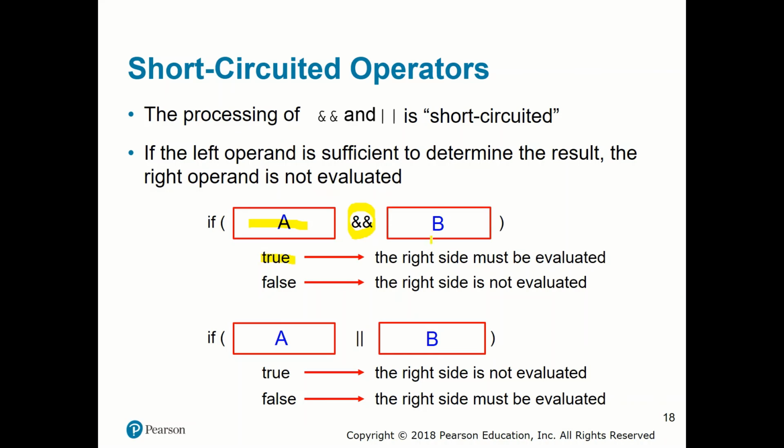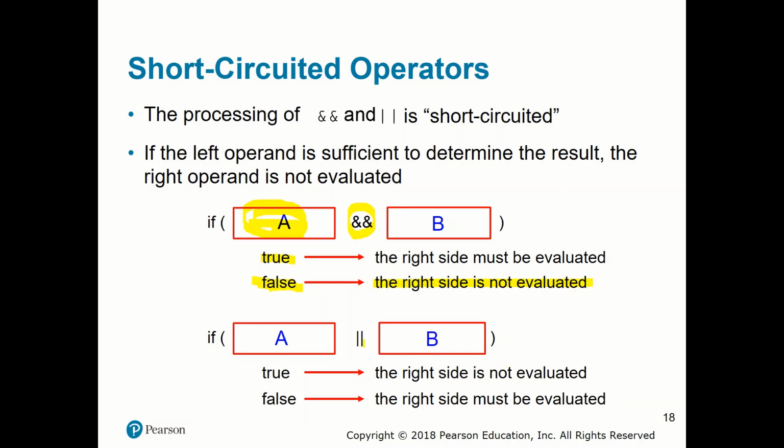If this is true, then the result becomes true. Okay? But if A is false, then we don't have to look at this part, because the AND operator can be true only if both sides are true. So if A is false, then the right side is not evaluated. Actually, it is not evaluated. The computer does not look at it.